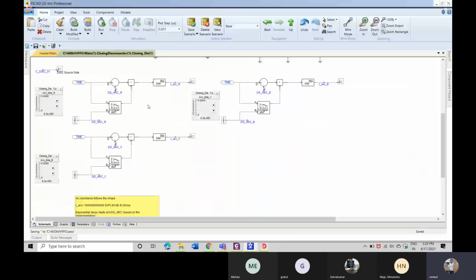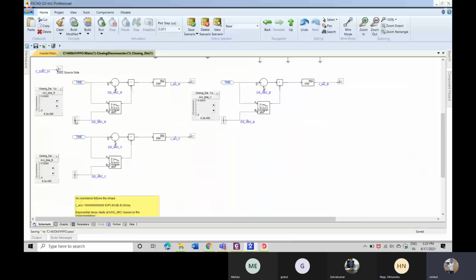At what time do I have to introduce that? When the left side of the pot, the system, is at one per unit, at that time I have to introduce this exponential part.